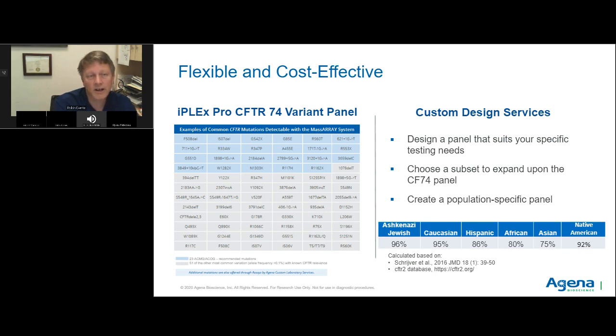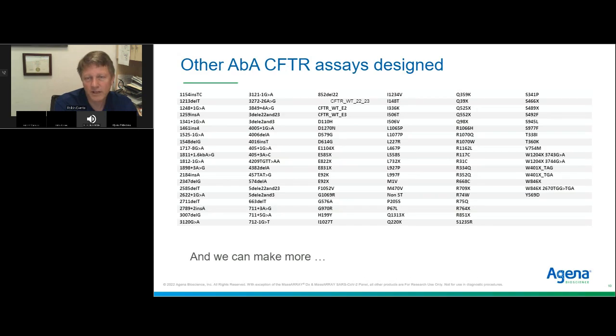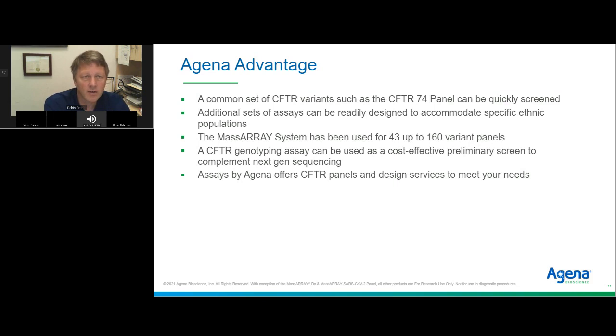So here are examples of other assays we have developed in the past for different customers. We have over 200 assays that we have developed in total for CFTR, and these are some of the other ones that were not on the iPLEX 74 panel, but that are available. So with that, just a short summary of our advantages to use Agena for CFTR screening. We have a very broad panel like the CFTR 74 that can be used for quick screening of samples.